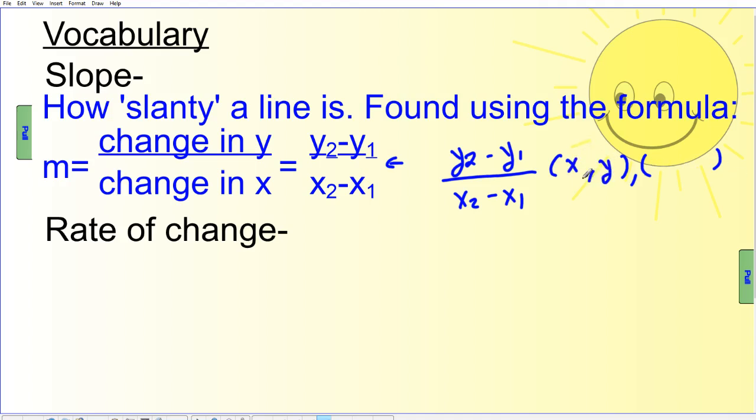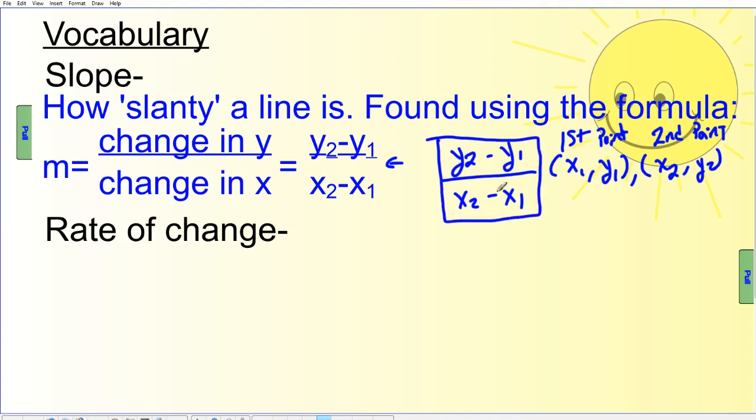Since we're going to call this the first point, we're going to call this x1 and y1. They get the ones because they're the first point. We're going to say this one over here is the second point. So now we'd have x2, y2. So when you have 2 points, this is the formula you use to find the slope.